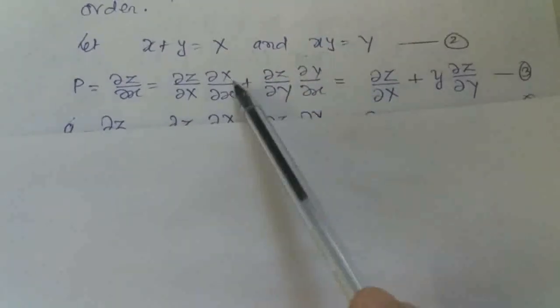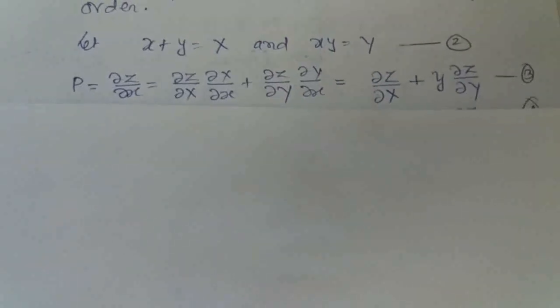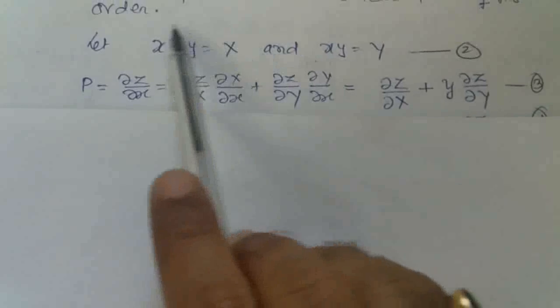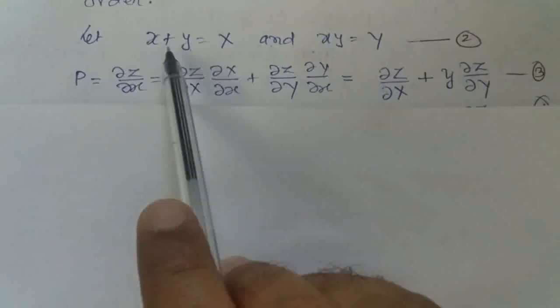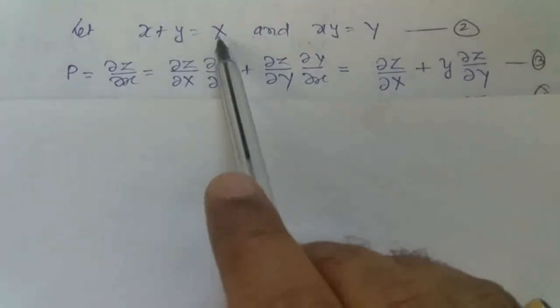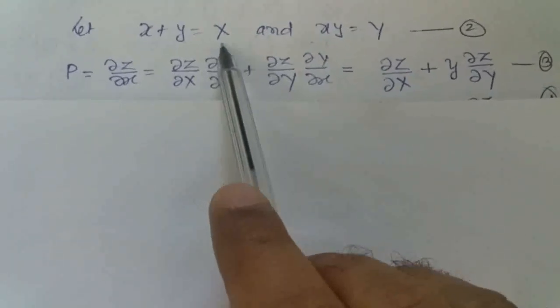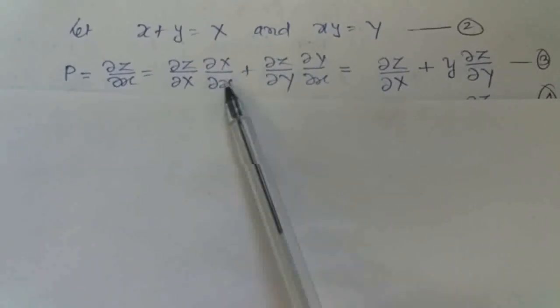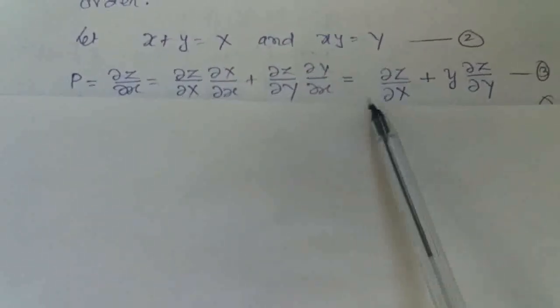Now del capital X by del x: differentiating partially with respect to small x, we get 1 plus 0 equal to 1. So the value of del capital X by del small x is 1.